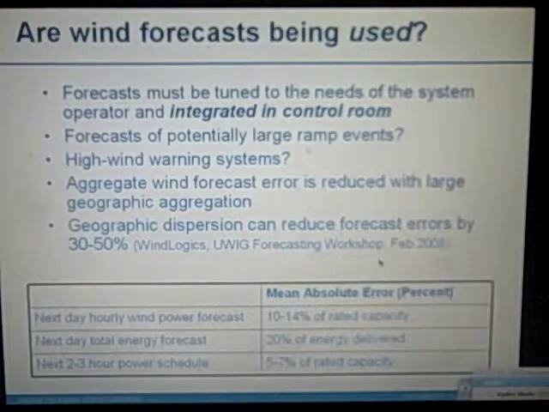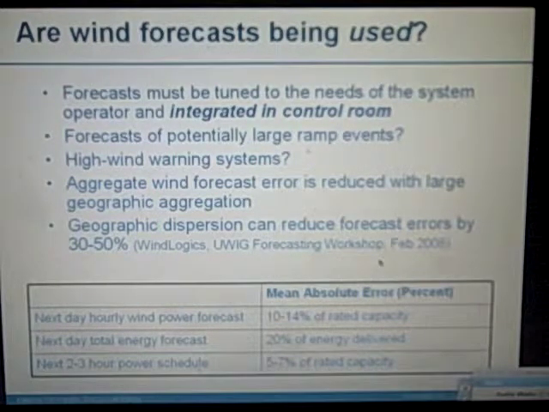And what that means is you may be a little bit high in the forecast in one region, a little bit low in another, and they may, to some extent at least, net out. That may not be terribly helpful on a system that has multiple balancing areas in which these forecasts are spread over, but on the other hand, with a large footprint, you may in fact be able to have some gains as a result of this type of forecast smoothing.